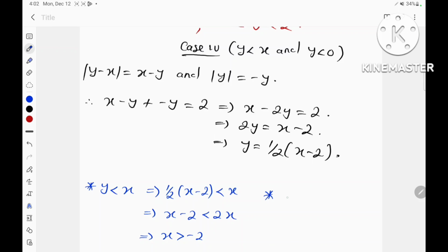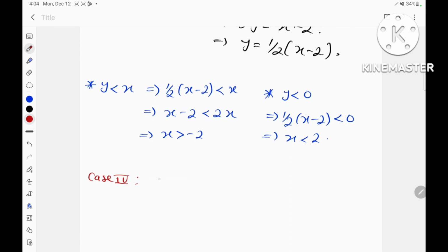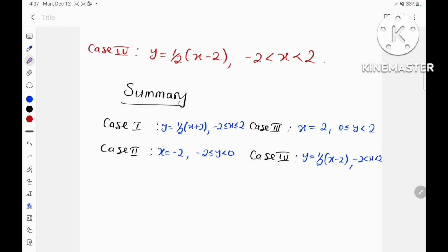We also know that y is less than 0, and this implies that half of x minus 2 is less than 0, implying that x is less than 2. Case 4 is such that y is equal to half into x minus 2 for negative 2 less than x, which is less than 2. So here is the summary of the 4 cases. We have case 1, case 2, case 3, and case 4.